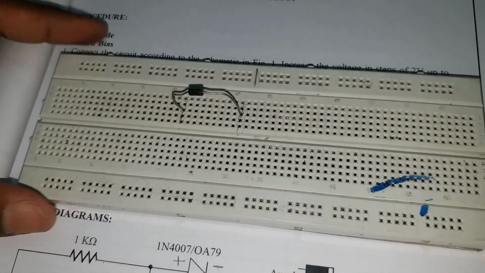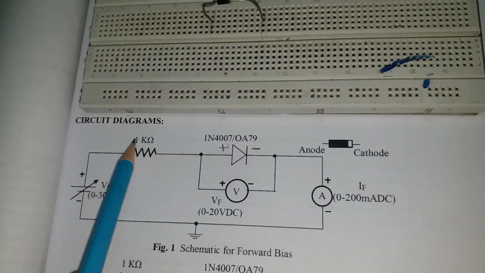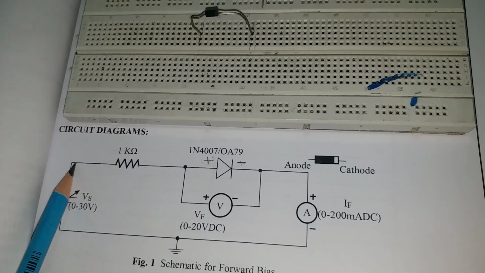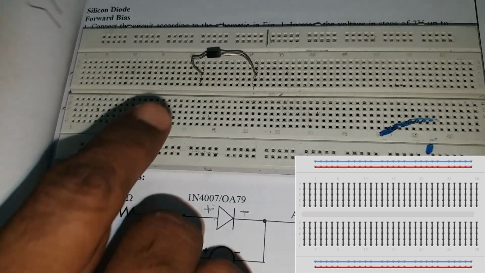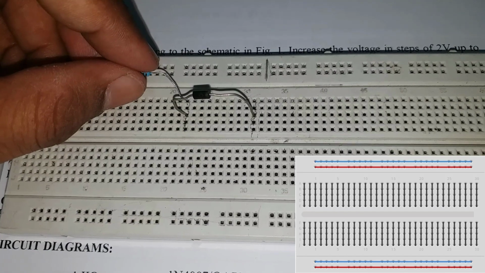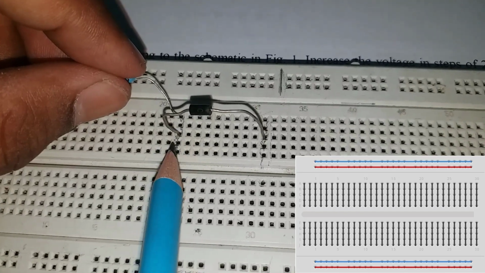The next thing: this diode positive is directly connected with this resistor, right? So the 1 kilo ohm resistor is directly connected with the diode positive. This is the positive of the diode, so it has a connection, and that's why I am placing the resistor in the same vertical part.